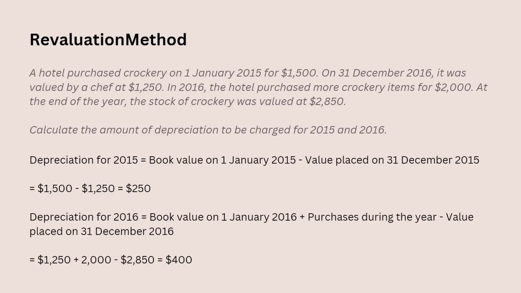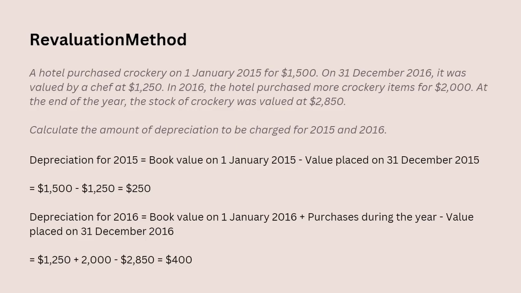So the way of calculating it is really, really simple. What we have done is to calculate the value of depreciation. So the thing is, in revaluation method, we are given the amount at the end of the year and at the start of the year. We just have to find the value of the depreciation.